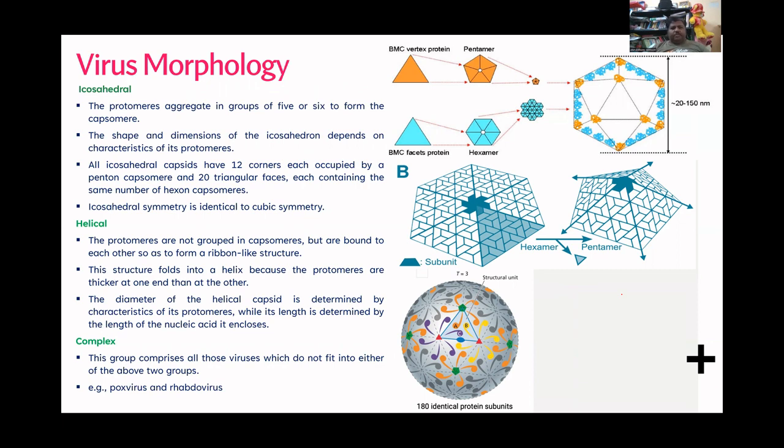And the repetition of these capsomeres will give you something called icosahedral capsids that have 12 different corners occupied by a penton capsomere and 20 different triangular faces. This is what a simple icosahedron is.